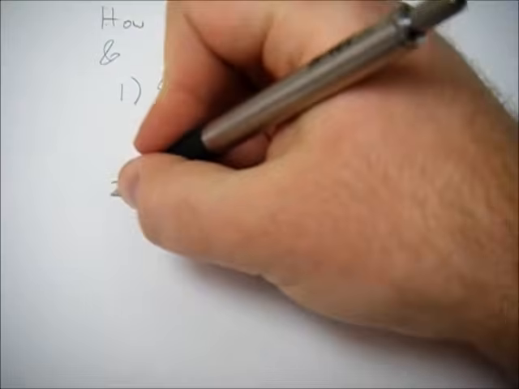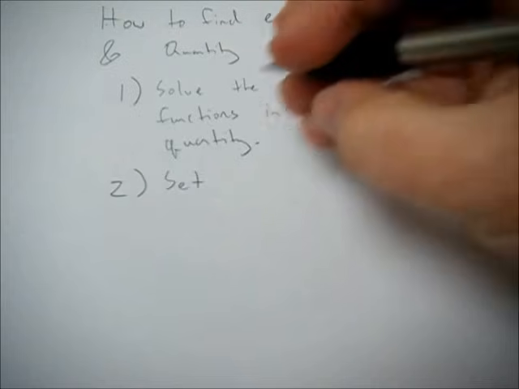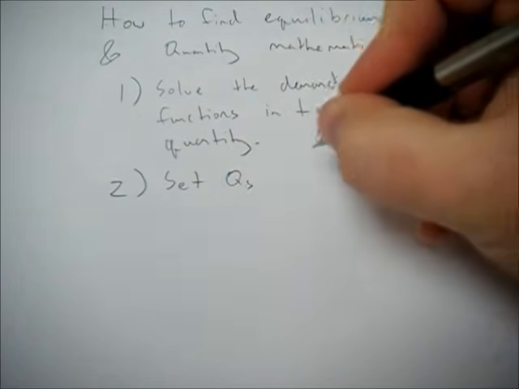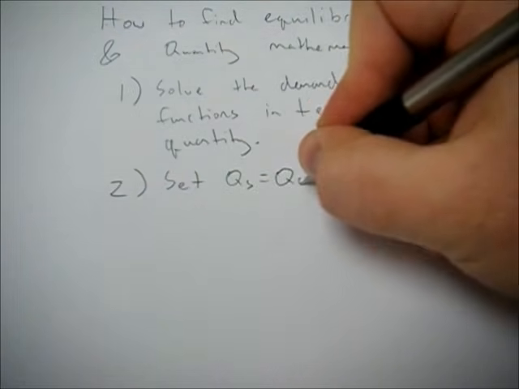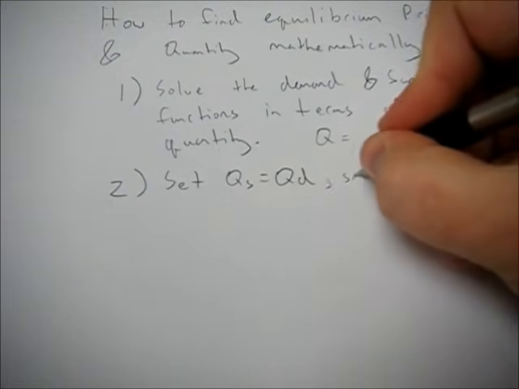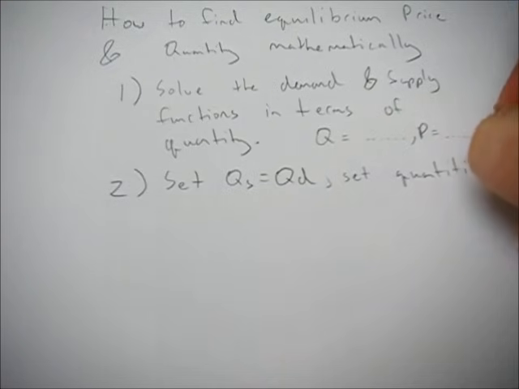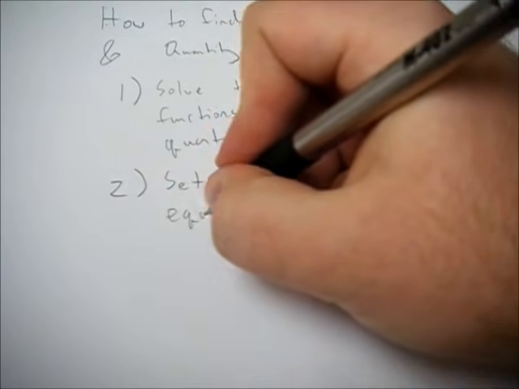The second step is to set the quantity of supply equal to the quantity demanded, or you set the quantities equal to each other.